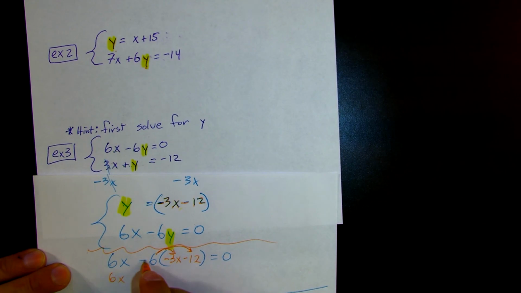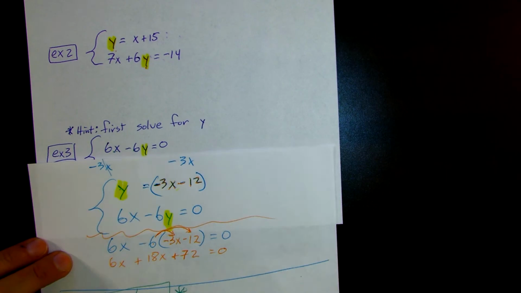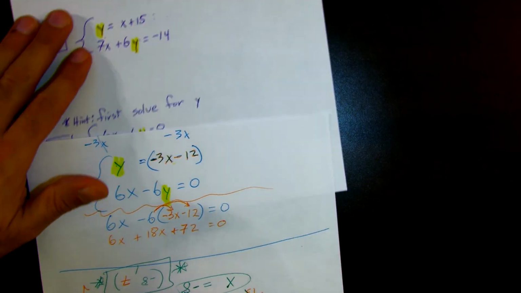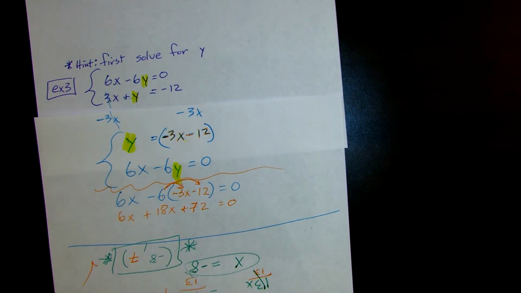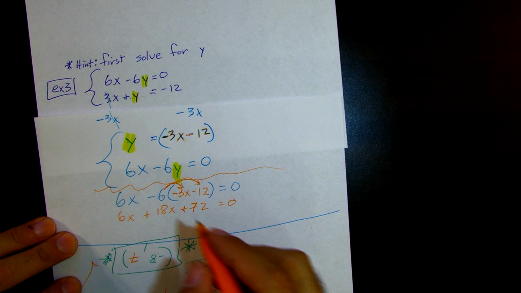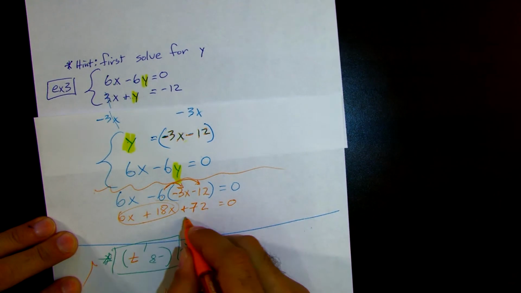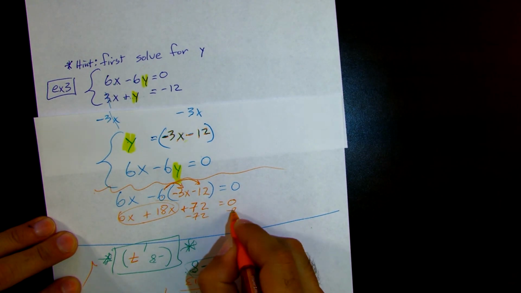So let's see. 6x, negative 6 times negative 3x is positive 18x. Negative 6 times negative 12 is positive 72. And maybe that's where you'd use a calculator for some of that. That's totally fine. All right, let's go ahead and combine these and subtract 72 to both sides.